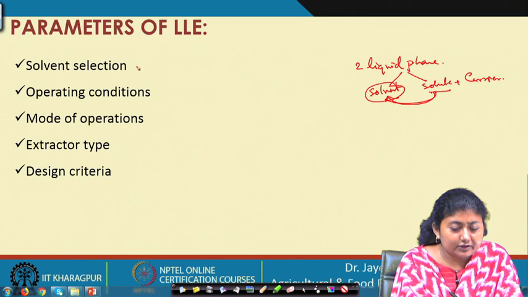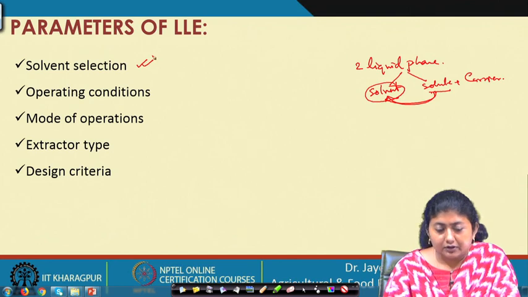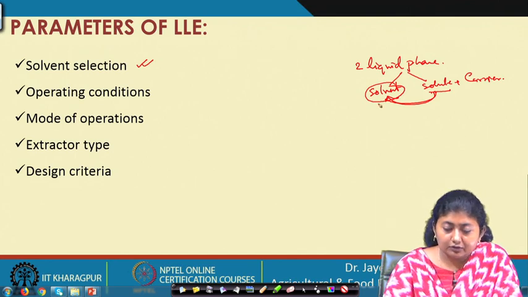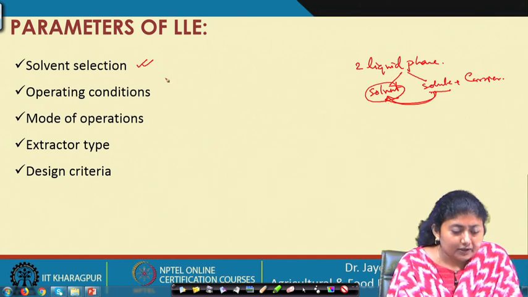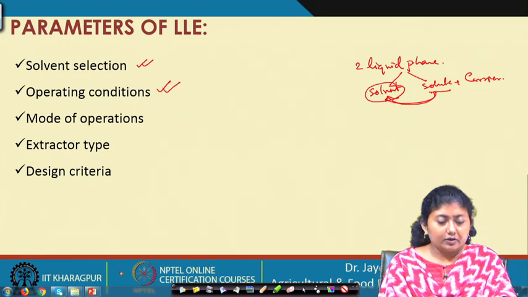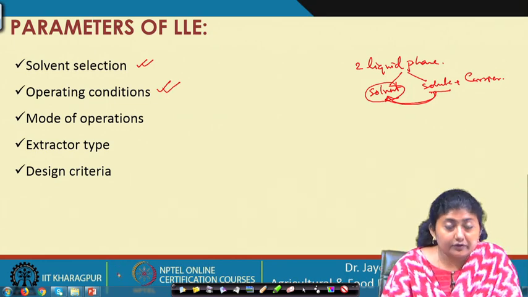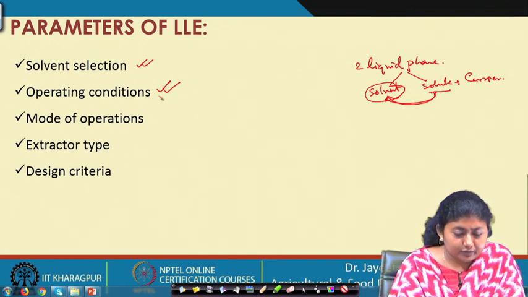So, solvent selection is very important, whether we want to separate some organic material or some flavor compound. Based on that we can select the solvent, or if it is simply water soluble, we can use that. Then second is the operating condition. In that we can consider temperature as one, because it helps in extraction.